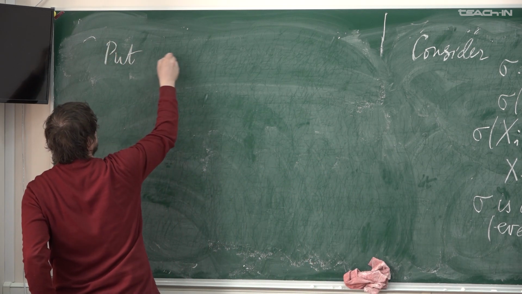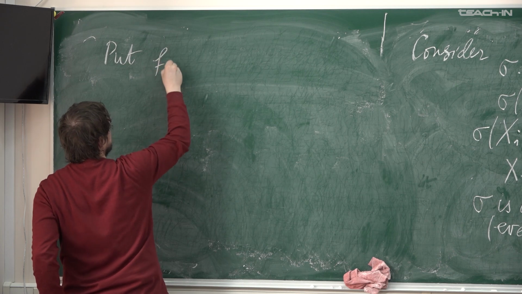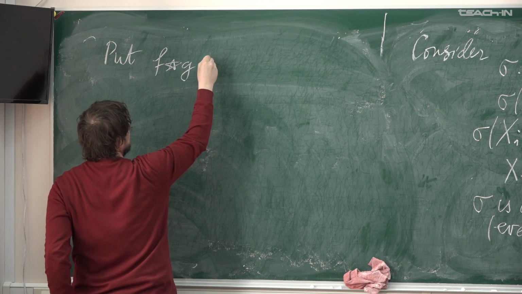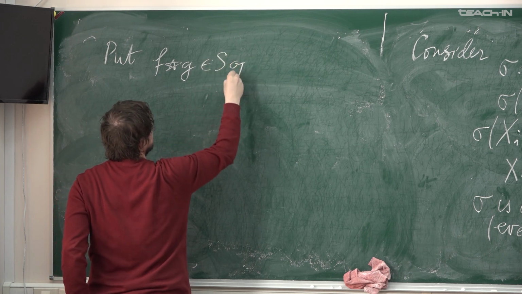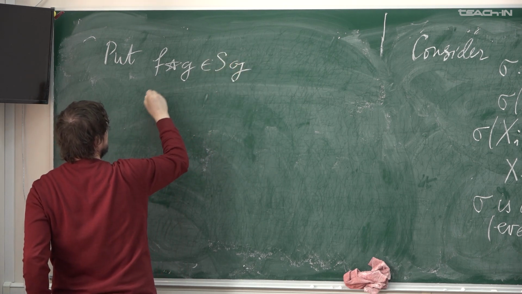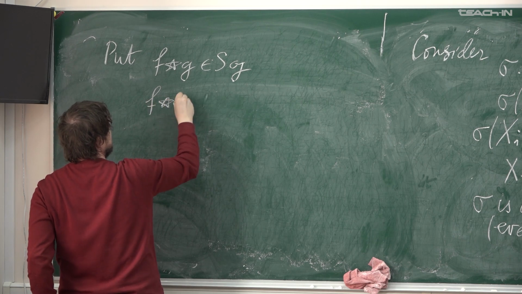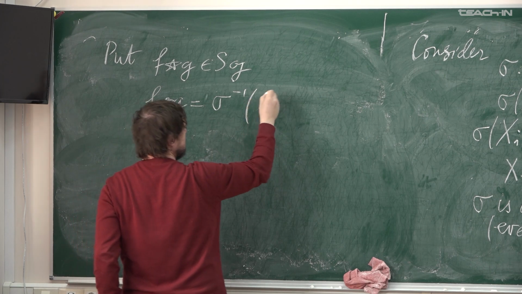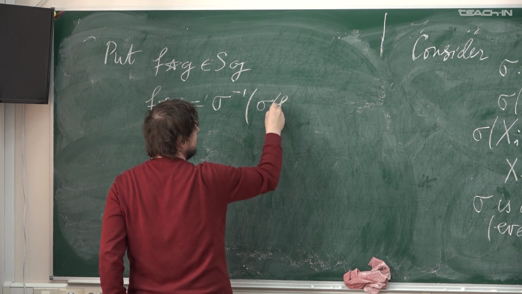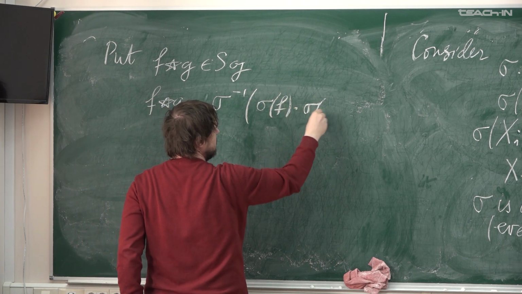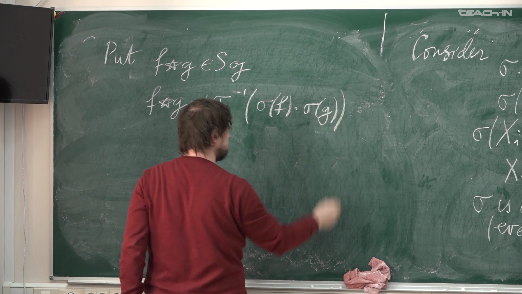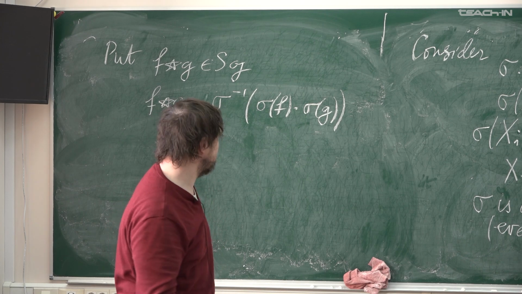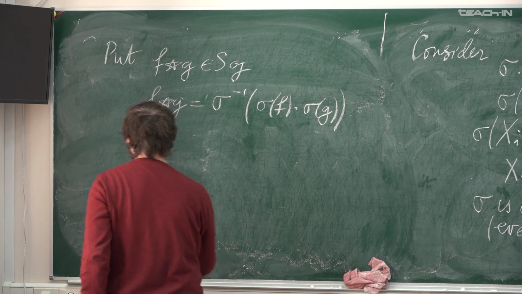Put f star g in Sg to be given by the formula: take the inverse of sigma applied to sigma of f times sigma of g. It gives you some associative product in Sg.